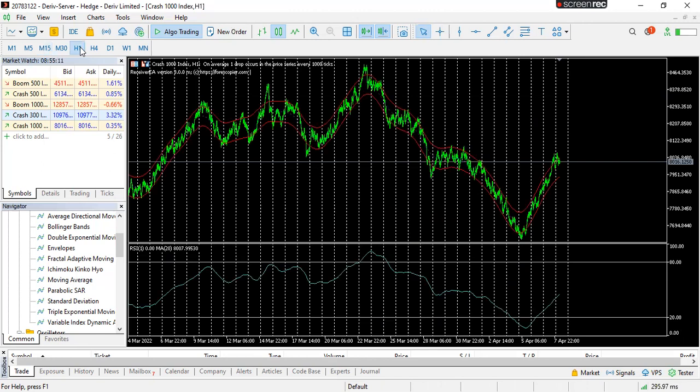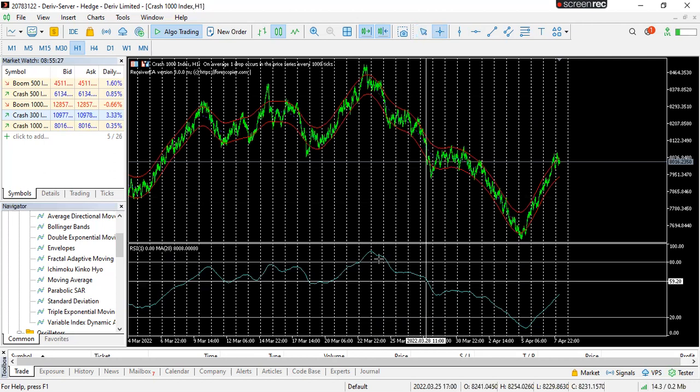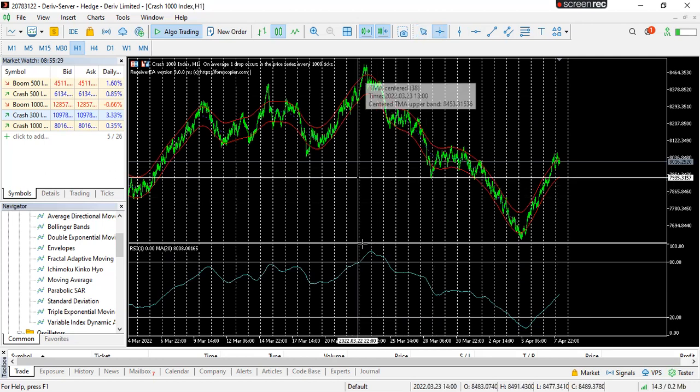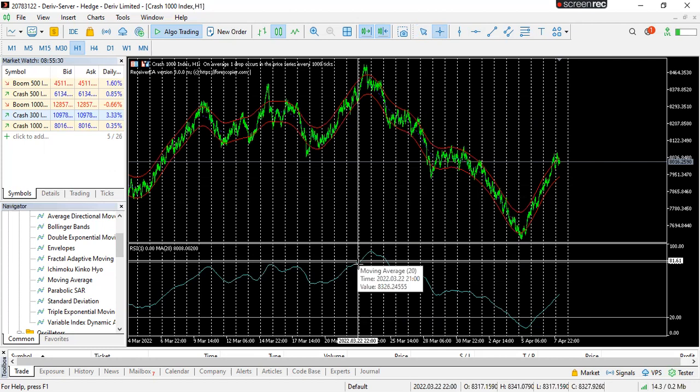And then if you look at H1, you can see you are still on a strong buy according to what your RSI is saying. So if you look at what I just explained earlier, when it leaves the zone, look at when it touched this zone here. All right, this is where it touched and moved above.